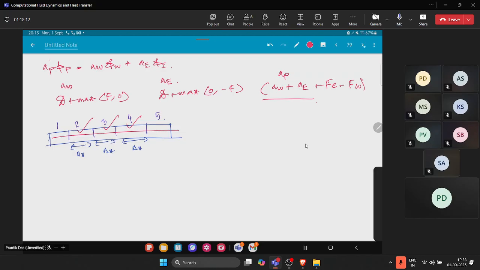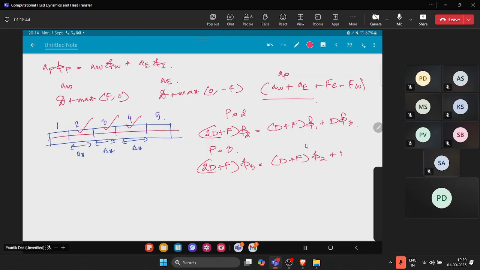Then if I write this equation carefully, for P equals 2, the equation is (2D plus F) phi 2 equals (D plus F) phi 1 plus D phi 3. Similarly, for P equals 3, it is (2D plus F) phi 3 equals (D plus F) phi 2 plus D phi 4.